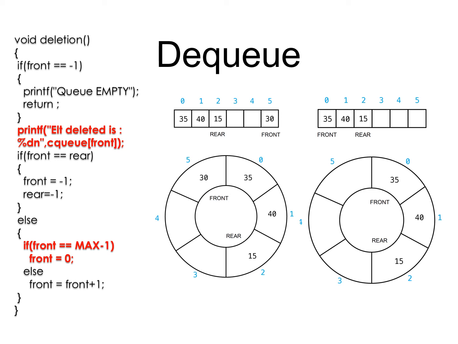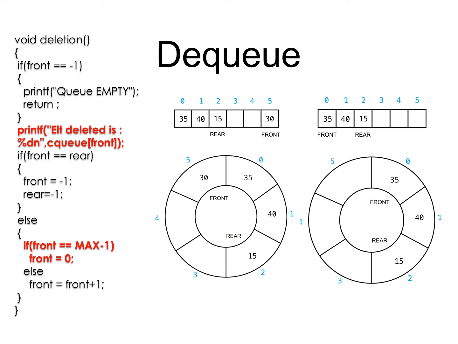So how has it been done? I simply print CQ of front. So it will print 30 is deleted. Now I will check the condition if front is equal to rear. My front and rear are not equal, since my queue has more than one element. So it comes to the third part. Now here I check if front is equal to max - 1.